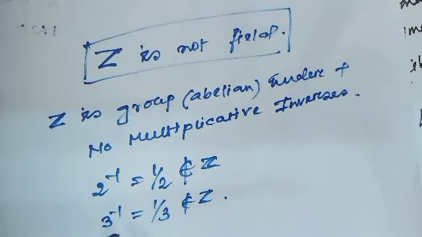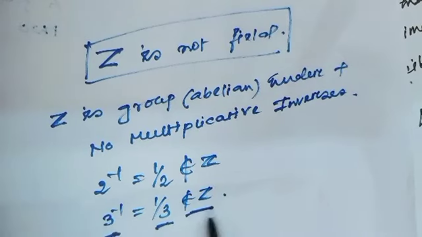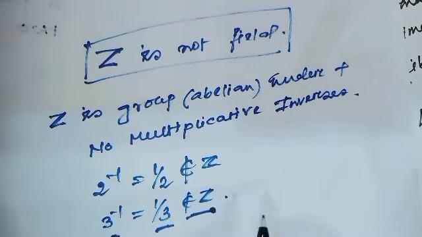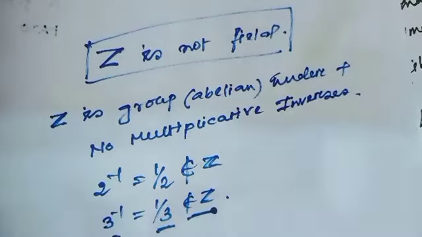Similarly, if you consider 3, then the multiplicative inverse of 3 would be 1 over 3, which also does not belong to the integers. That means here elements have no multiplicative inverse. So the integers are not a field.